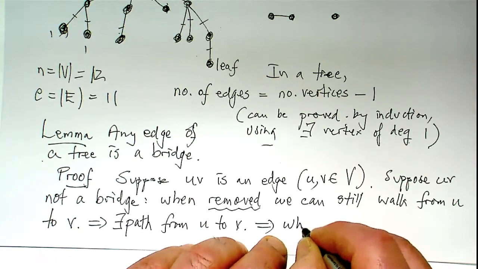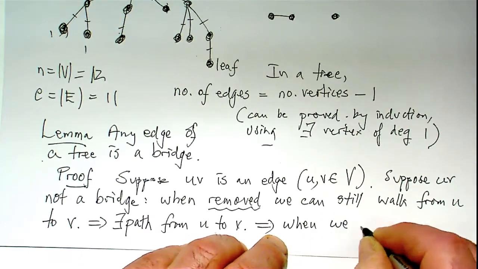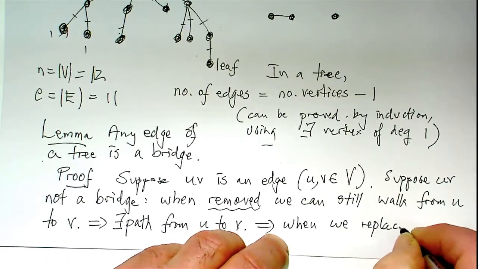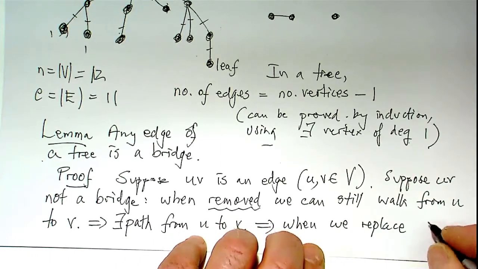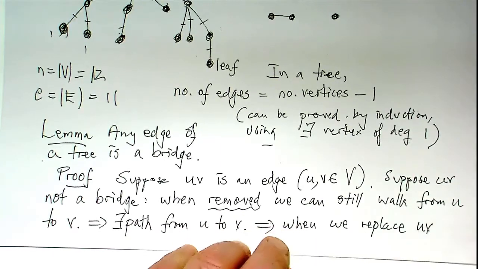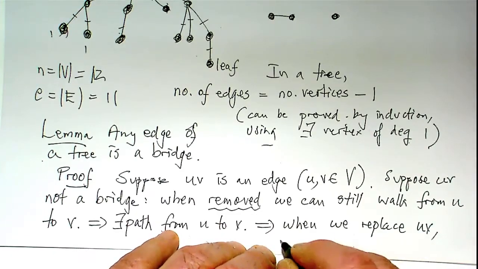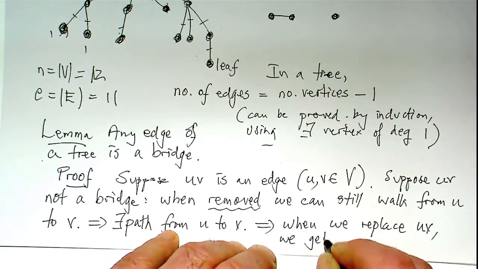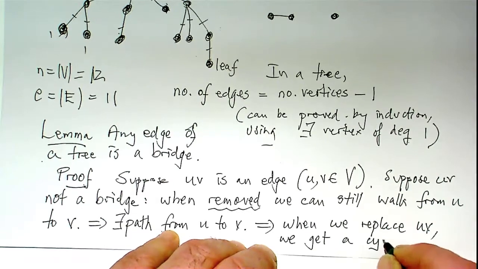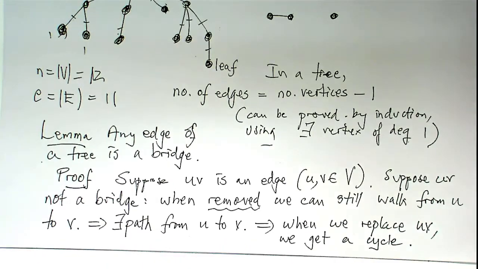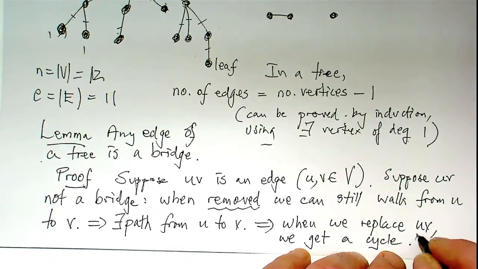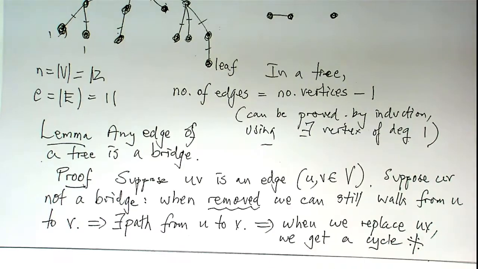When we put back UV into the graph, we get a cycle. And that's a contradiction because we're assuming it's a tree that has no cycle.